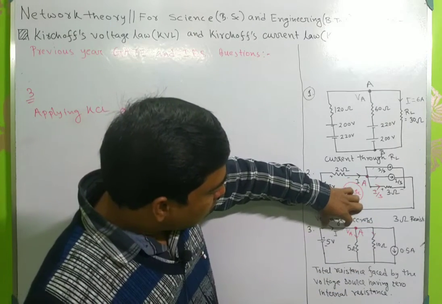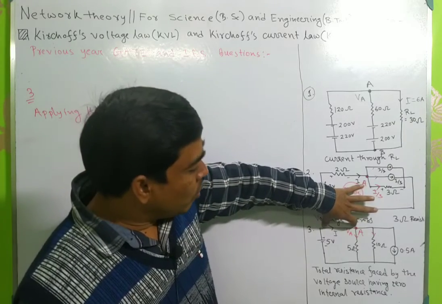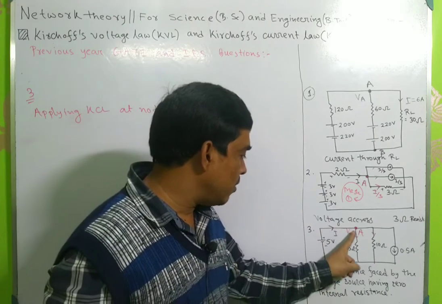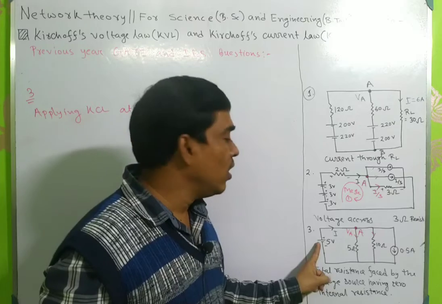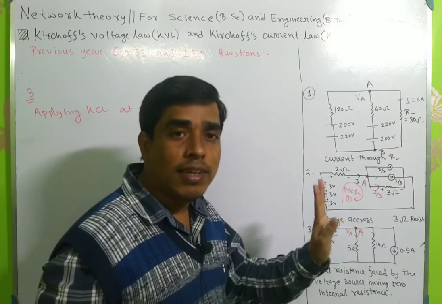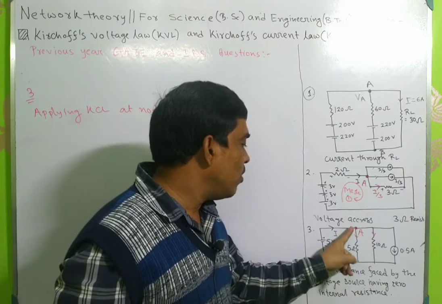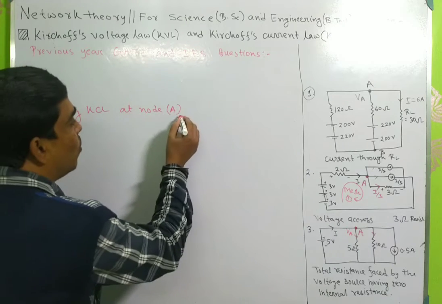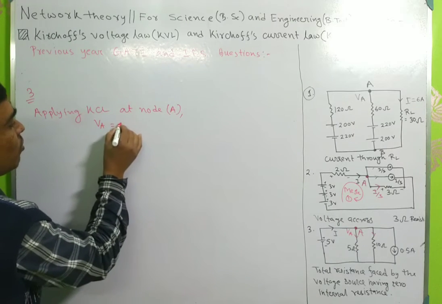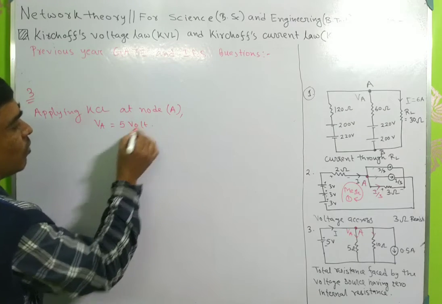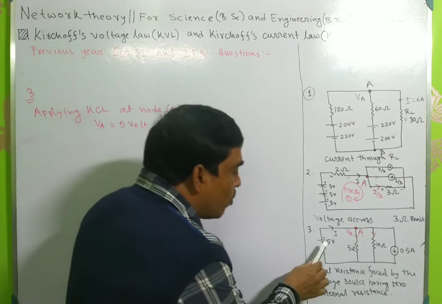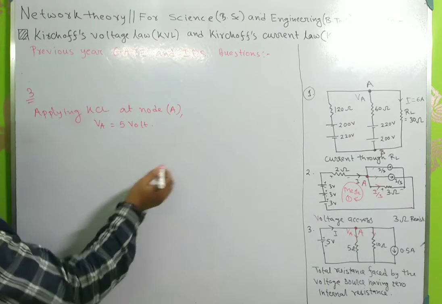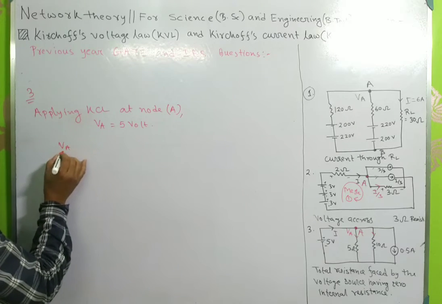There is no resistance in this region, so the node voltage will be 5 volt, because there is no resistance between this node and the 5 volt source. That's why these points are the same, and the node voltage of node A will be 5 volt. So VA equals 5 volt, because there is no resistance between this node and the DC source.